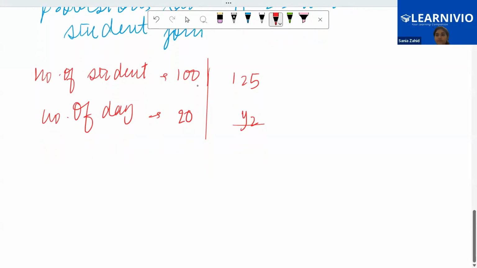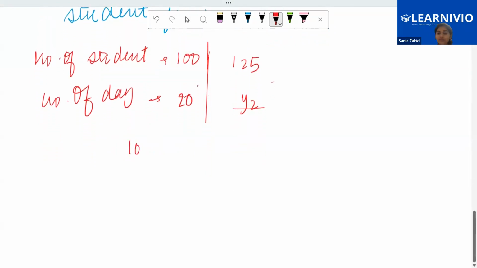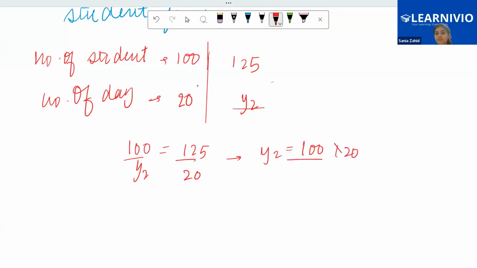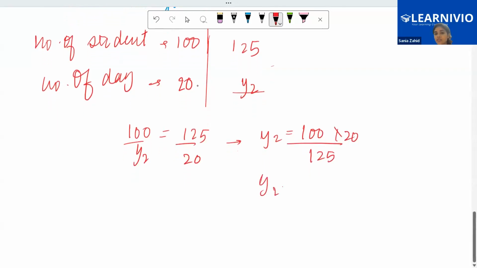So 100 by y2 is equal to 125 by 20. I transposed, so 100 into 20 by 125. And I got the answer 16. Let's calculate. Yes, 16 is the correct answer.